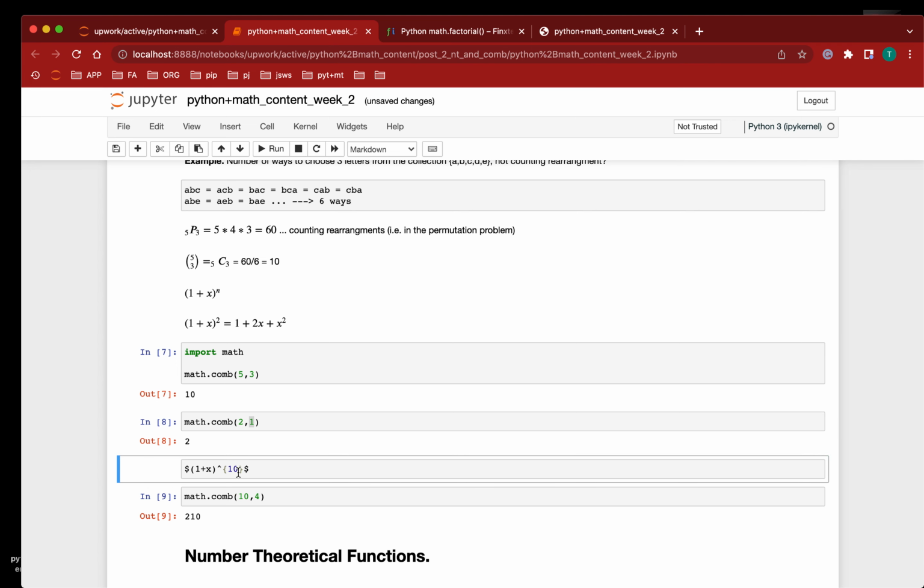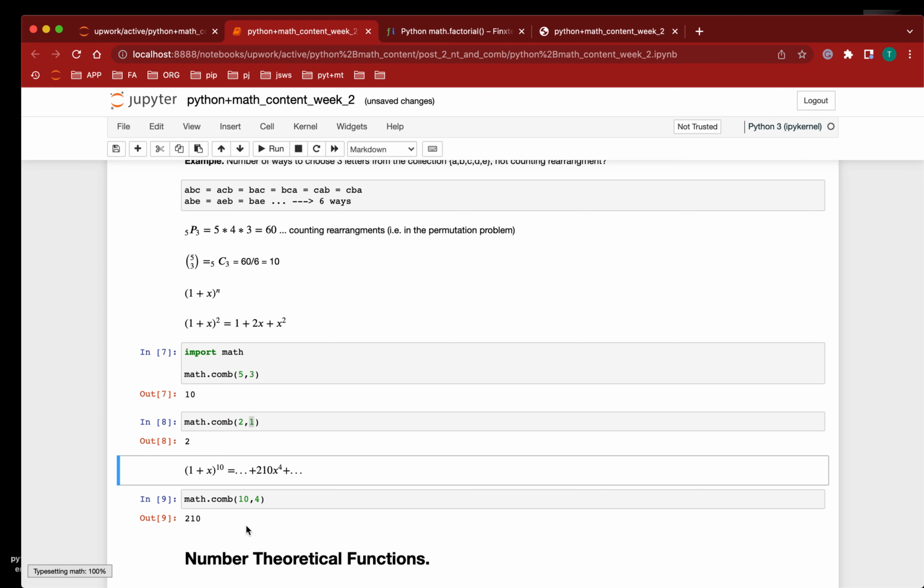So what do I mean by this? If you expand this out, you're going to have a lot of junk plus more junk, and then you're going to have a term that looks like x to the 4, like this.